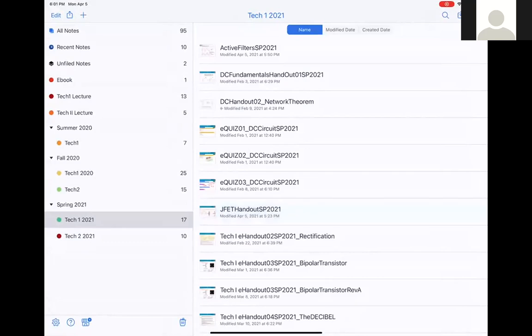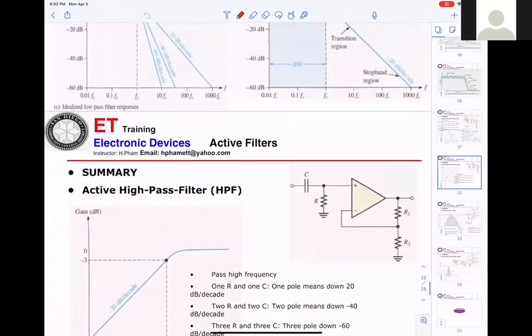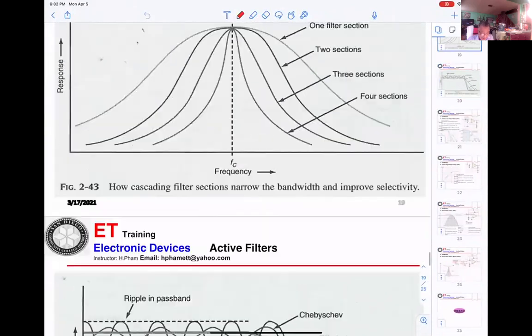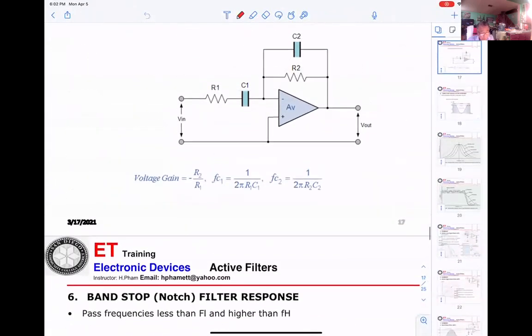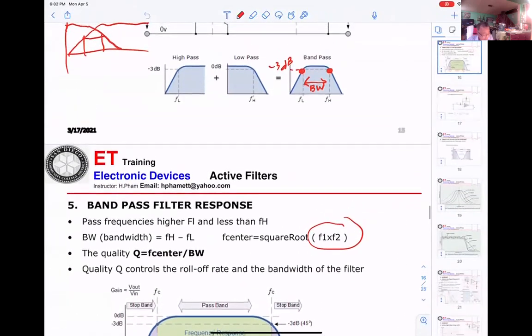Basically, you showed that it's possible to build, for instance, a high pass in a non-inverting version or an inverting version. So is that only telling you they can build low pass filter or high pass filter or band pass filter, doesn't matter, using amplifier.